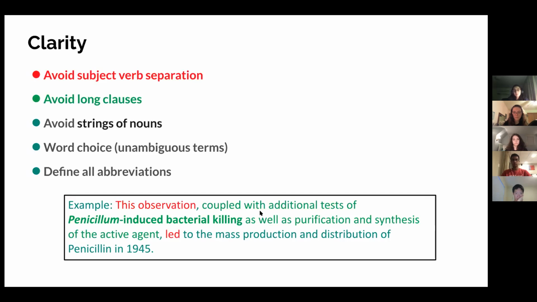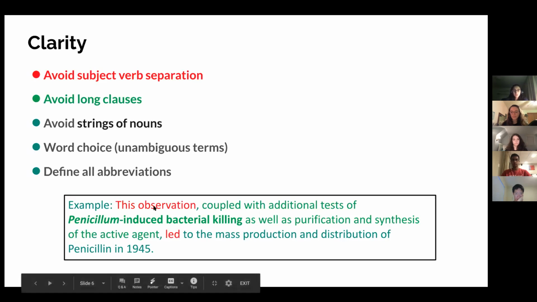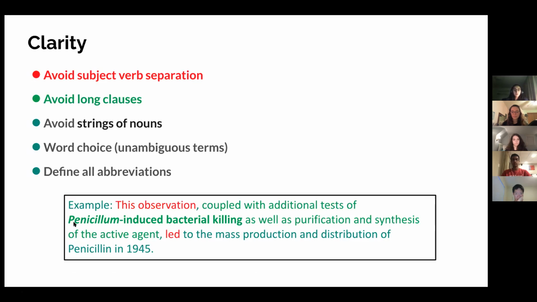There is subject-verb separation with the subject, the observation, and led being separated by the long clause in the middle. There's also a long string of nouns here, which is penicillin-induced bacterial killing, which decreases the transparency of the message as well. So when presenting, it's important to avoid making these mistakes in clarity.